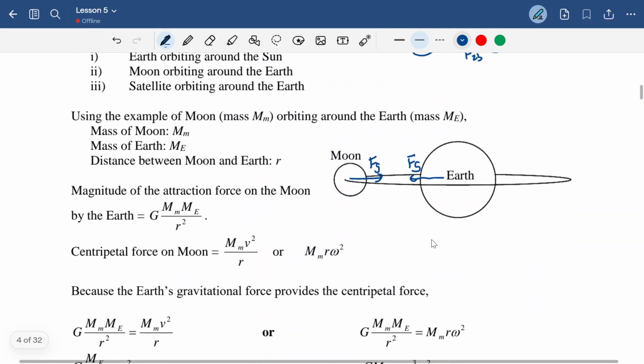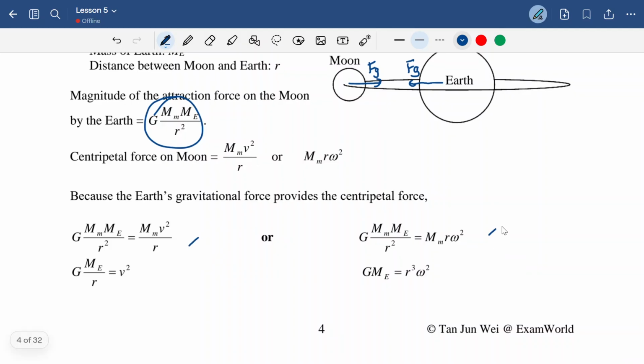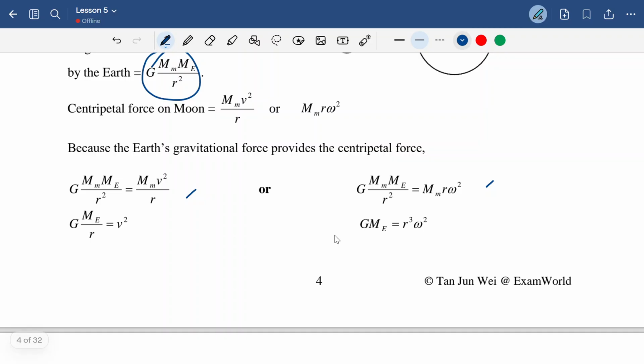Now because the Earth exerts this gravitational force, which provides a centripetal force, we can say that GMm over r squared, this is the gravitational force, equals mv squared over r, or m r omega squared. So you can use either one to solve questions. Now if we expand on this, omega we know is 2 pi over T. So this part here is actually r cubed times 4 pi squared over T squared.